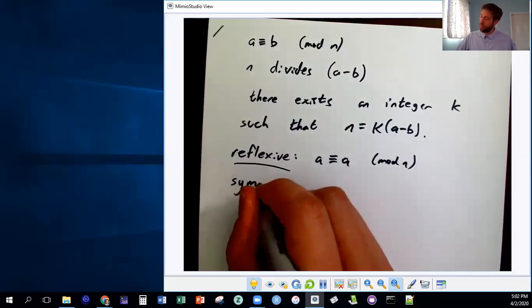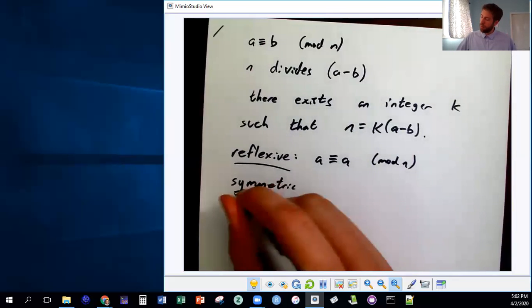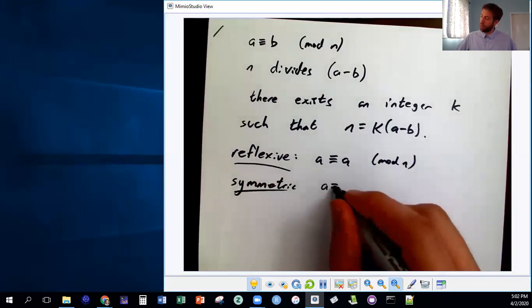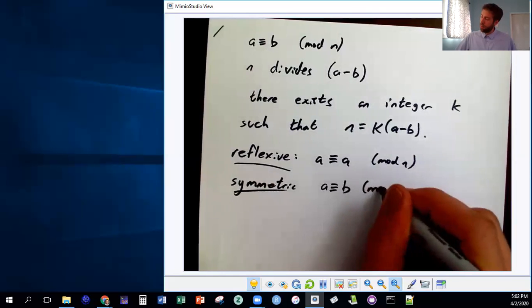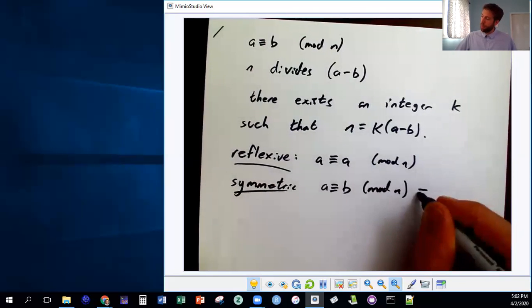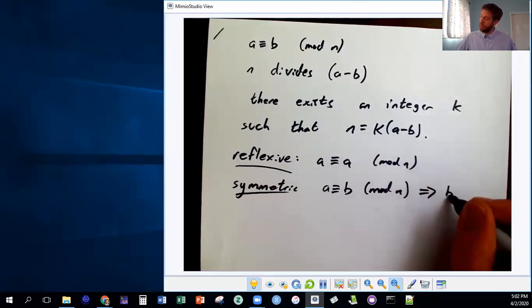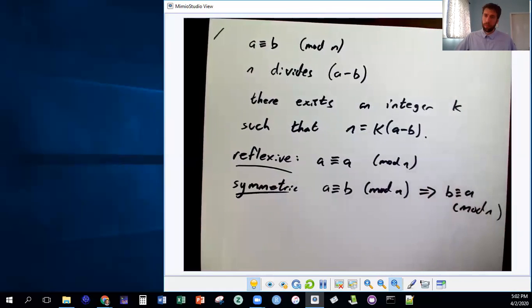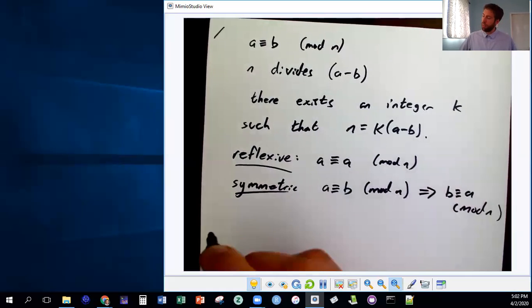Symmetric is that a is equivalent to b mod n implies b is equivalent to a mod n. Okay, transitive.